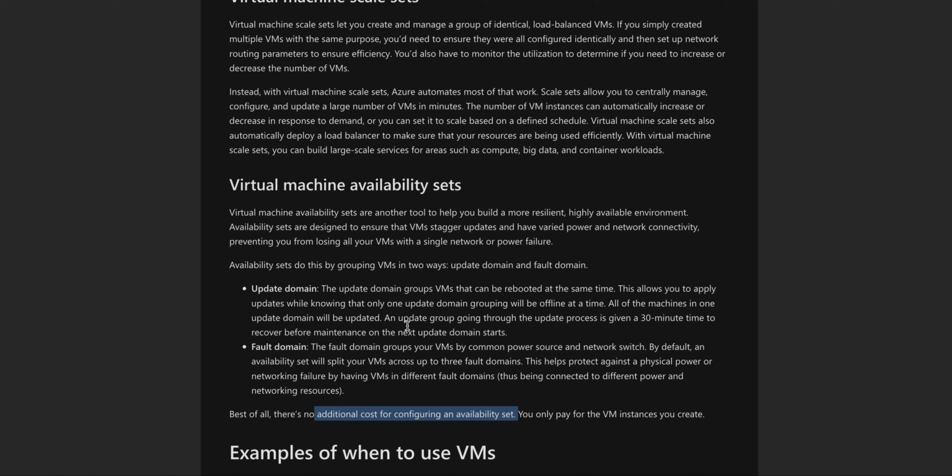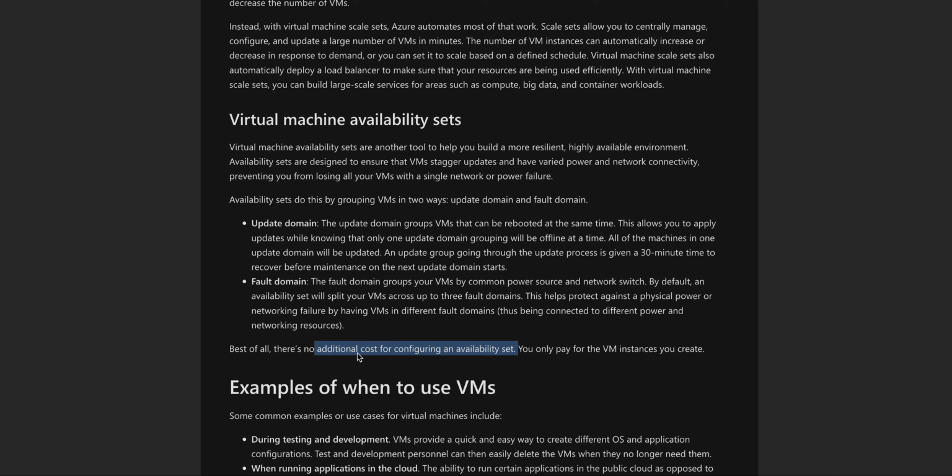Fault domain is where you're grouping based on common power source and network switch, and therefore even if there's a power failure, it doesn't mean that all of the fault domains will go down, because the fault is only for one domain, right? And so that's why it becomes highly available and resilient.